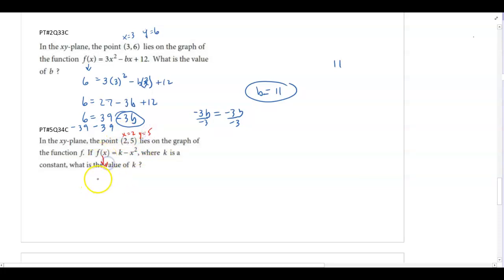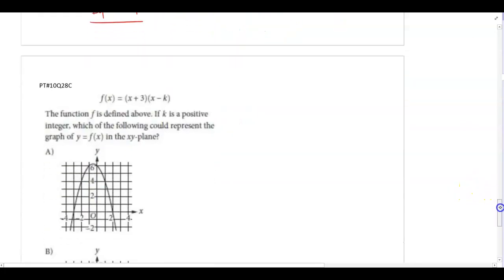Therefore, f of x gets replaced with 5 equals, I don't know k, but I know x is going to get replaced with 2 squared. So 5 equals k minus 4. Add 4 to both sides, and k is equal to 9. And that's what I would bubble in. Okay? Easy problems if you know how to approach them, which is why we're doing this.